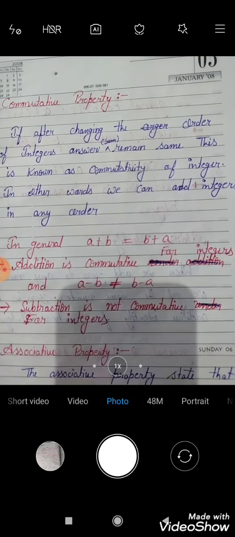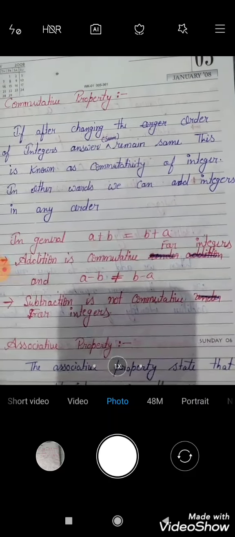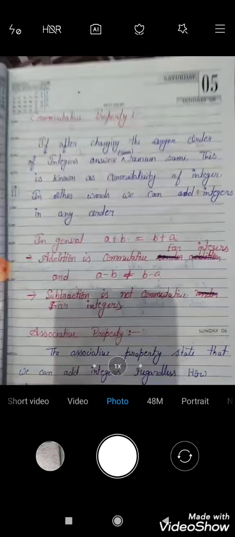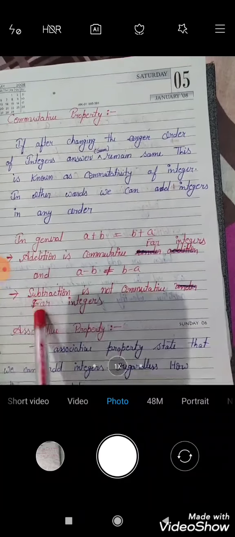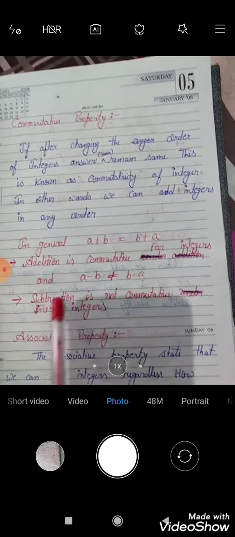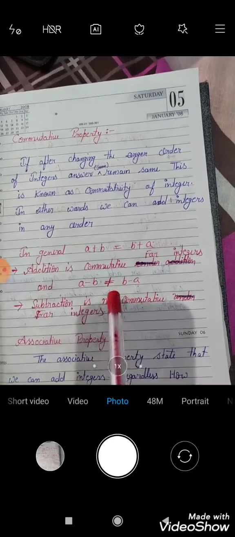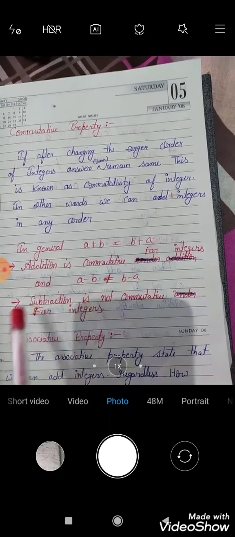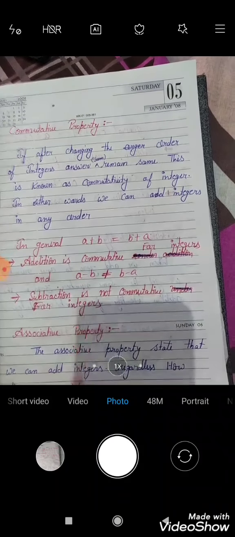It means if we change the order of integers, their sum remains the same. So addition of integers is commutative, but for subtraction, if you subtract any two integers and change their order, the answer will not remain the same, so subtraction is not commutative for integers.